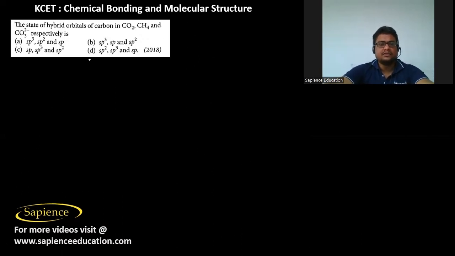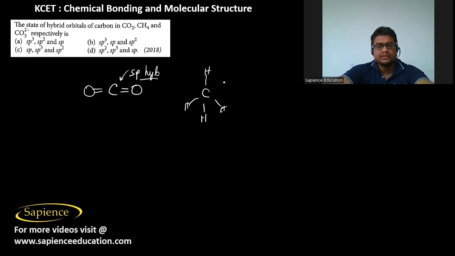Then here it is told the state of hybrid orbitals of carbon in CO2, CH4 and CO3 2 minus is, respectively. In case of CO2, it is linear shape. So here carbon is sp hybridized. In case of CH4, we have tetrahedral shape. So here the carbon is sp3 hybridized.